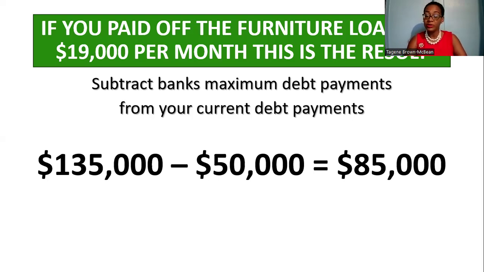So now we are left with 50,000 as our total current debt payments for the month. So as you can see, gentle people, when we subtract this 50,000 from the 135,000, the amount that we now can access is 85,000.